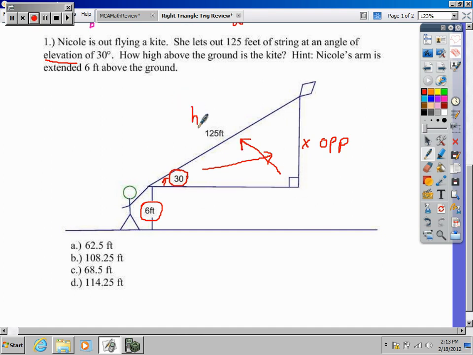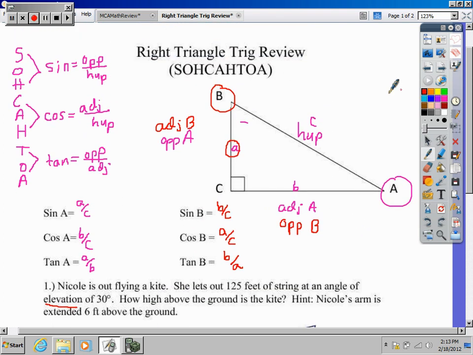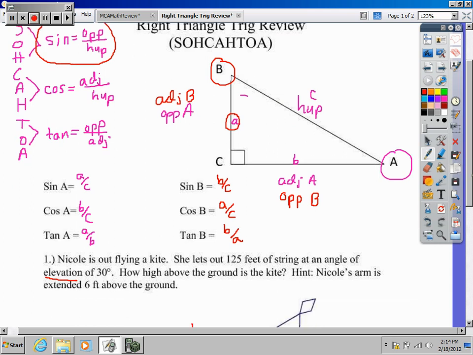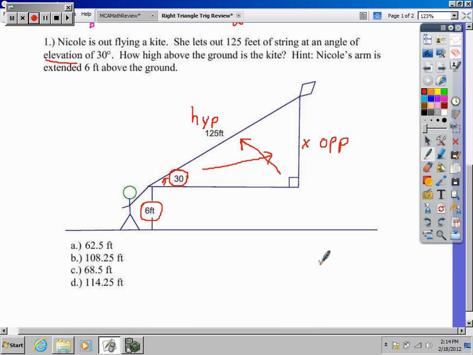I'll call that X. The side of the 125 is across the right angle, so that's my hypotenuse. So then I think opposite, hypotenuse, and I look at my trig functions, and that's a sine function. So therefore, I'm going to use the sine function to identify and find side X.